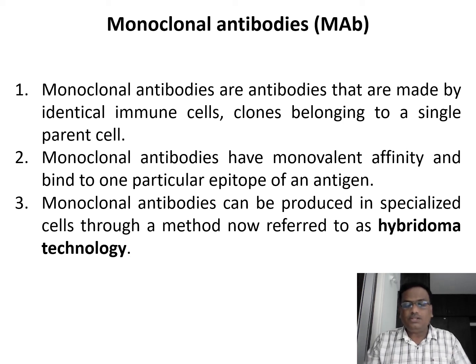So in this technique, when this hybridization is done, they are going to get a new cell which has the property of a cancer cell. Cancer cell means which is immortal. So it will go on multiplying for many generations without causing any death. So there are no cell deaths. It can continuously divide for many generations.